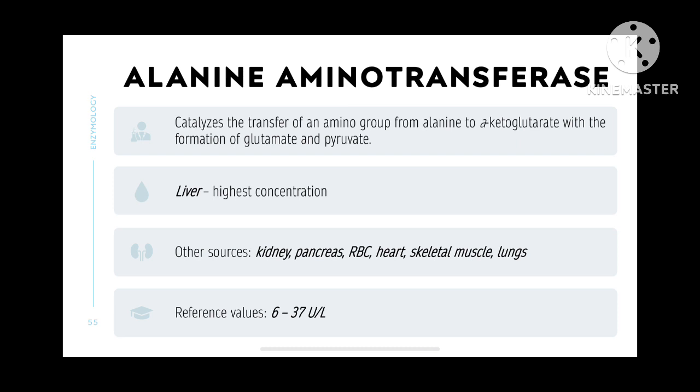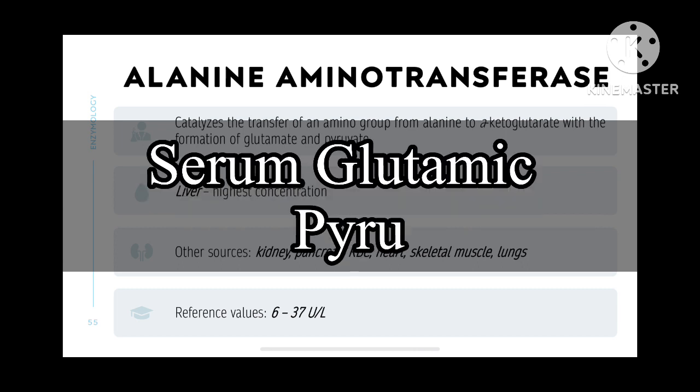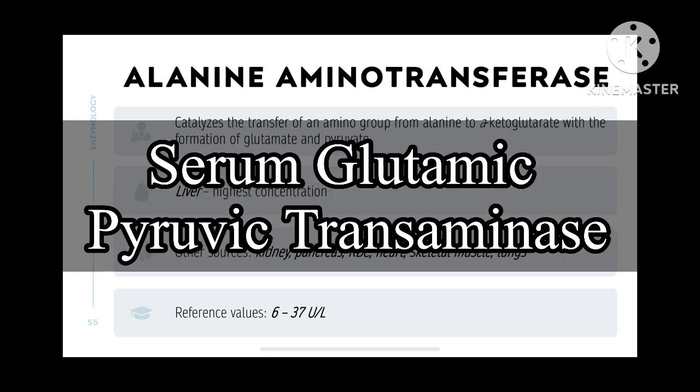For alanine aminotransferase class, it is a transferase with enzymatic activity similar to that of AST. Specifically, it catalyzes the transfer of an amino group from alanine to alpha ketoglutarate with the formation of glutamate and pyruvate. The older terminology of ALT is serum glutamic pyruvic transaminase, or SGPT or GPT.